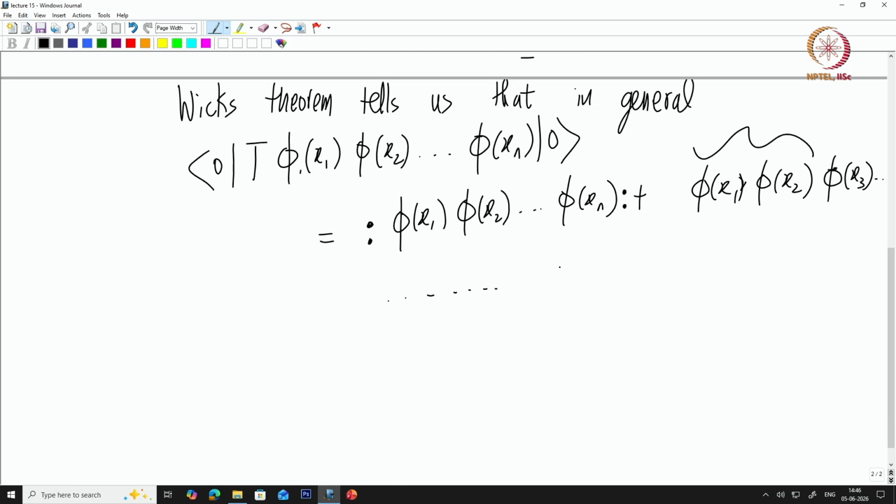So then you will have all possible contractions.